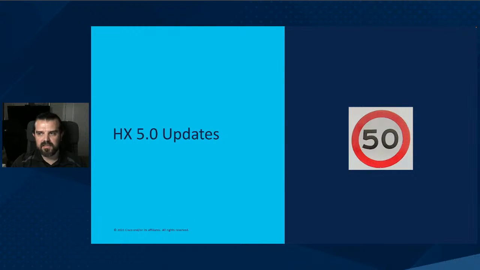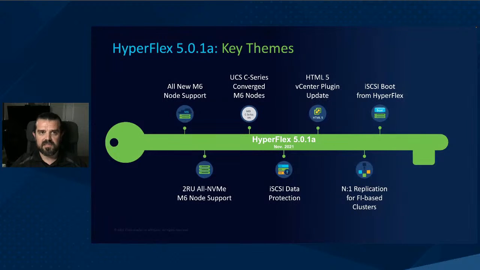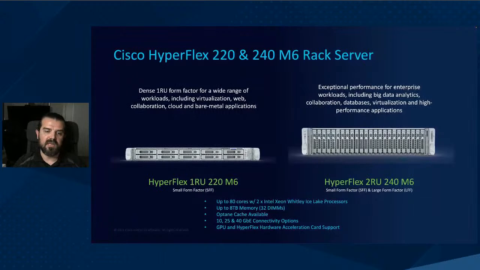So let's look at what comes with version 5. I will pass this very fast. So with this 5.0, we are supporting brand new servers with the latest generation of Intel CPUs. Also, we created a better plugin experience for vCenter, and also we have some data protection and all NVMe solutions with this new version.